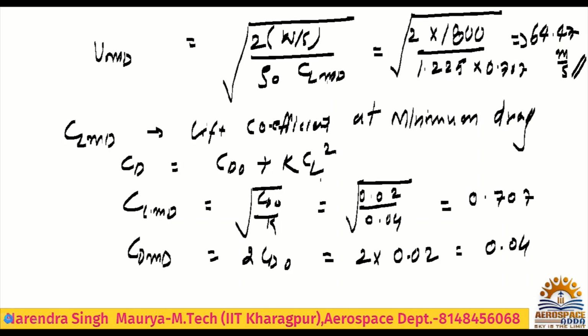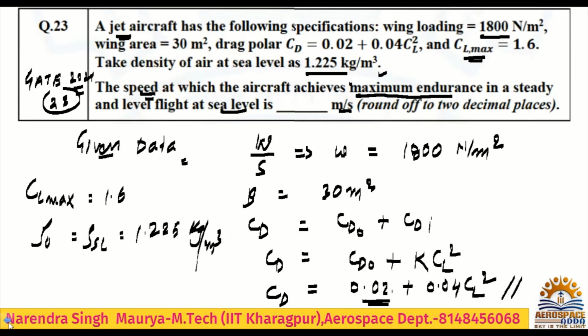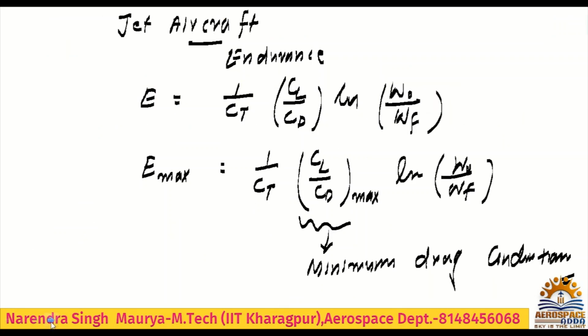So here you can write 64.47. Right, so this is the solution for this problem. You have tried up to 2 digits.